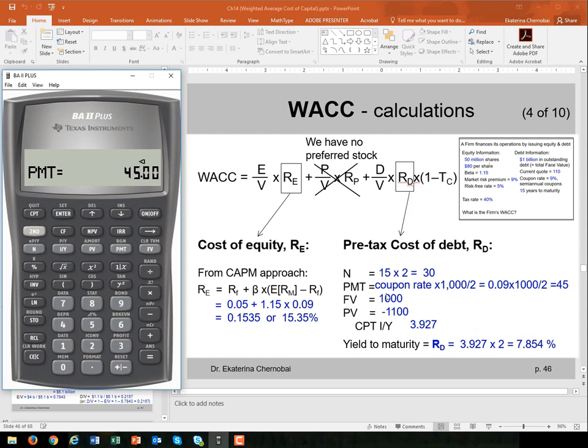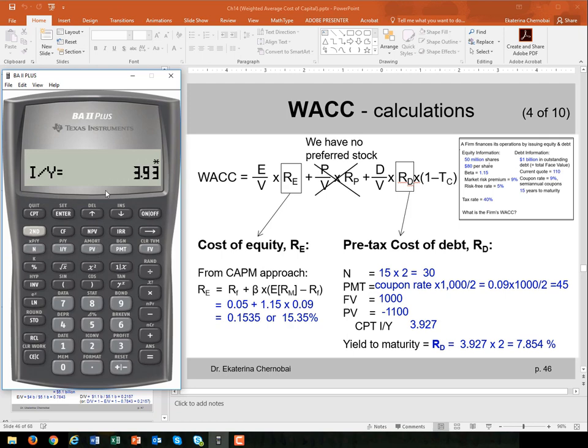The face value is always $1,000, so I press 1,000 and I save it as FV. And then the bond price is $1,100. I put 1,100. I change the sign to negative by pressing the plus minus key on the bottom, and then I save it by pressing the PV button.